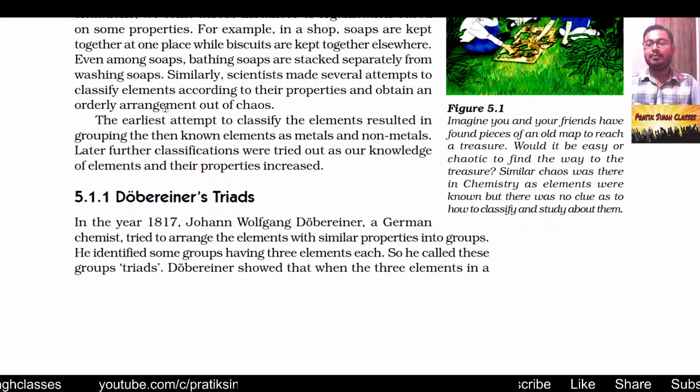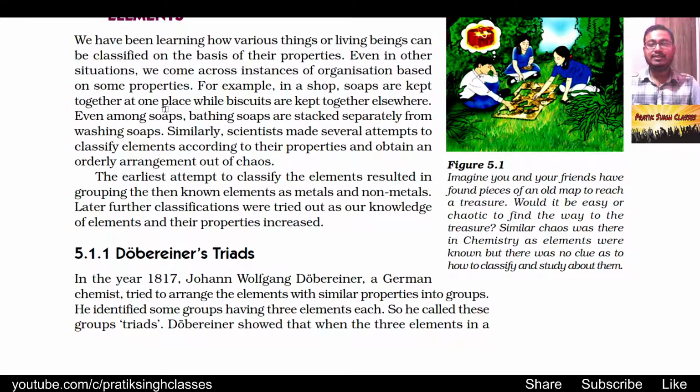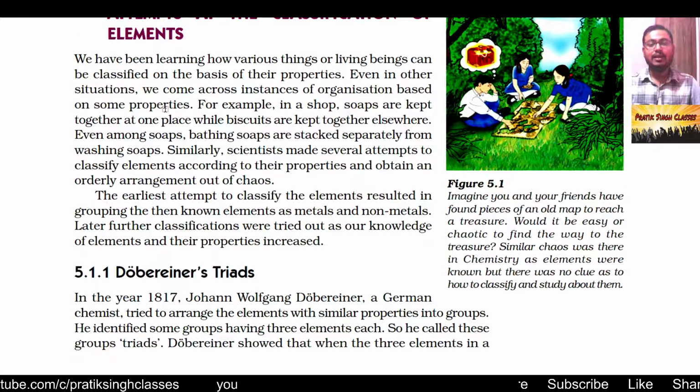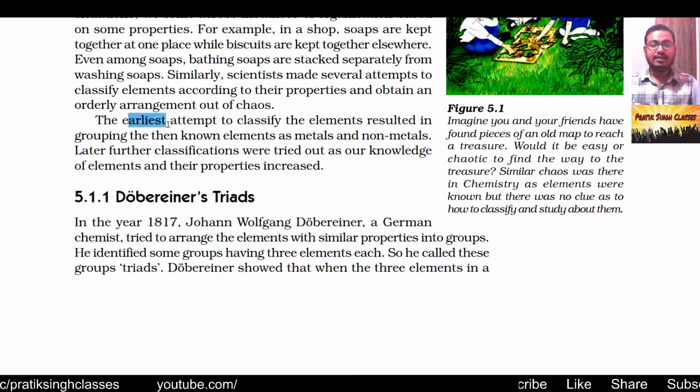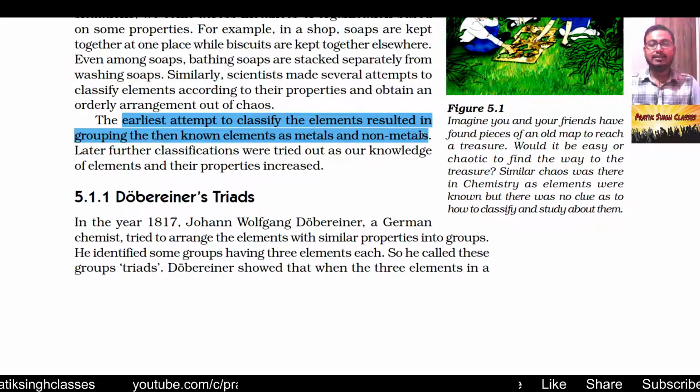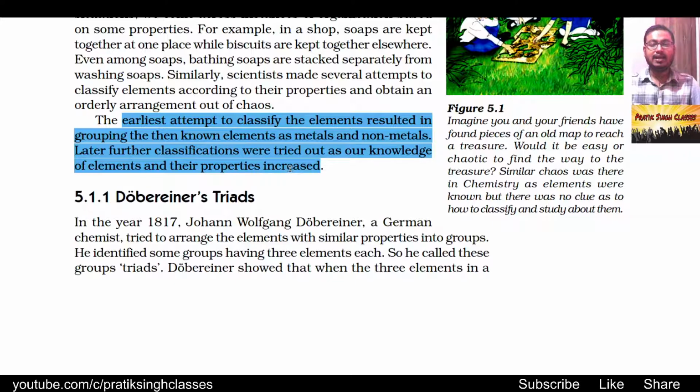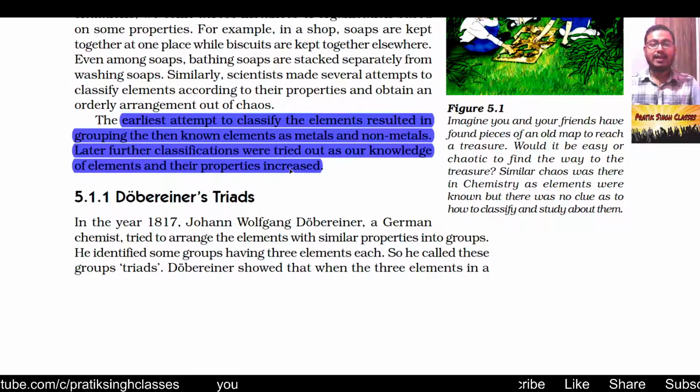Likewise, scientists have made several attempts to find out properties so that studying the behavior of the elements becomes very easy. The earliest attempt to classify the elements resulted in grouping the then known elements as metals and non-metals. Later, further classifications were tried out as our knowledge of elements and their properties increased.